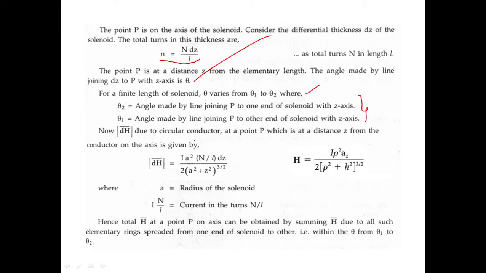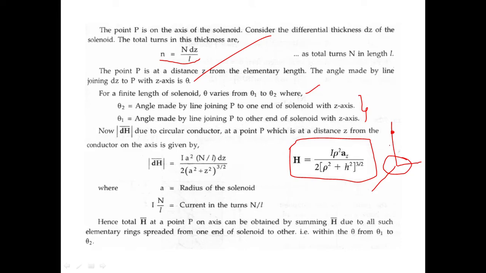Now we have to find dH. For finding the H vector, I would like to remind you of one of the derivations which we did, where we found the H vector for a circular ring. We placed a circular ring in the xy plane at z equal to 0 and calculated the magnetic field intensity at this point.